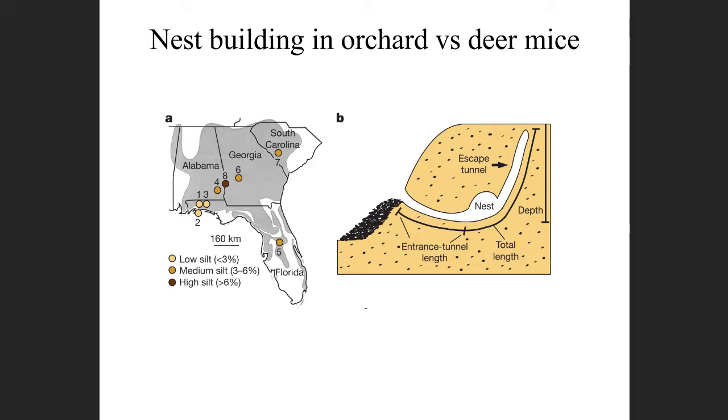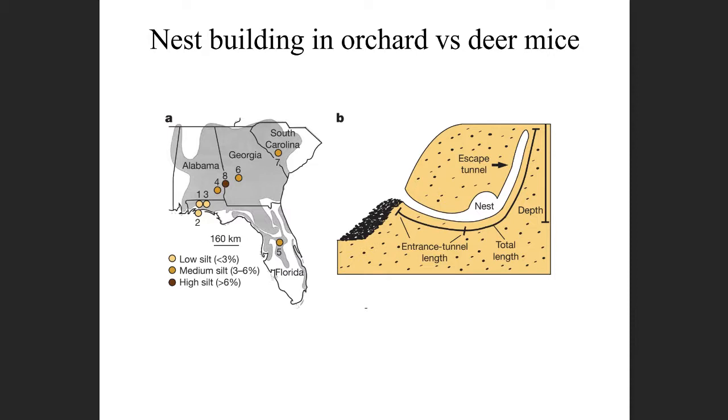Another species that has shown really interesting genetic components to behavior are oldfield versus deer mice. These mice nest along a gradient in the south, and they nest in soils that vary in how much silt they have, which will affect how easy it is to dig.